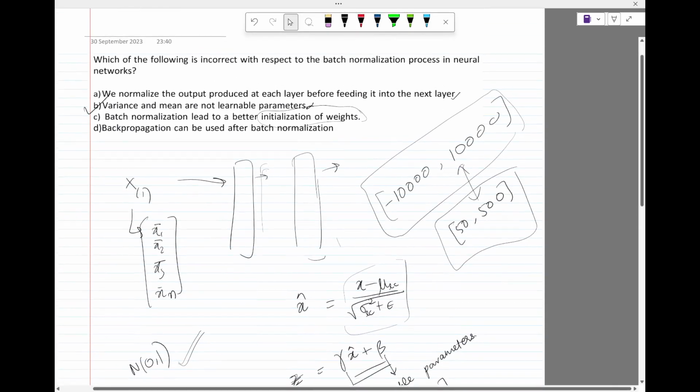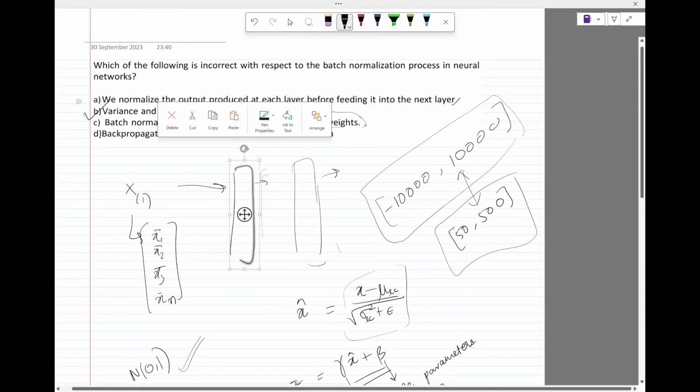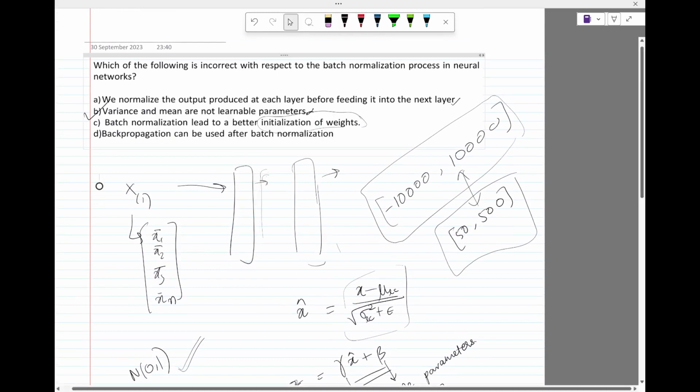So batch normalization sort of makes your initialization of weights data independent. If you are not normalizing it, you will have to initialize the weights to be data dependent. Depending upon what your feature values are, you will have to initialize your weights based on those values.